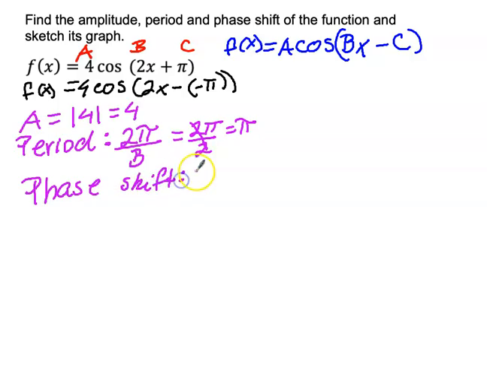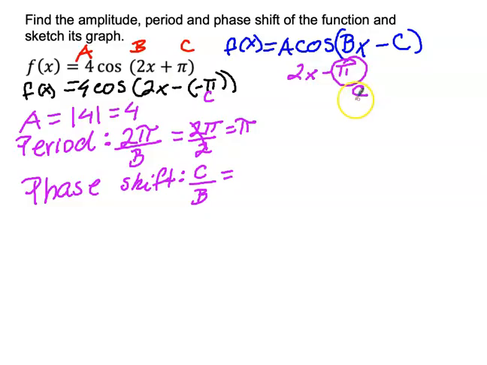So the phase shift is going to be, there are more ways to solve. Maybe you saw another way. I like c over b because I noticed that to be really simple for my students. Again, this is c, negative pi. If the function was written as 2x minus pi, then the c would be only pi.